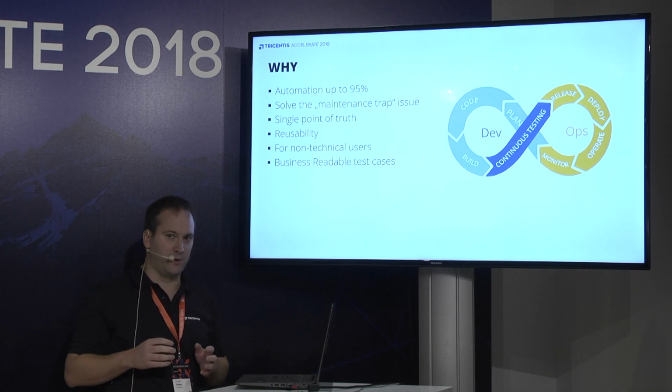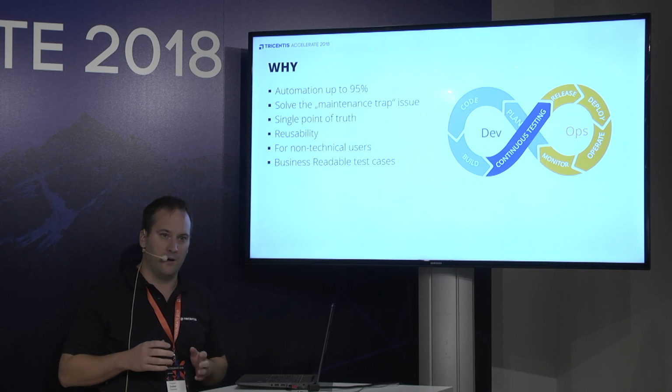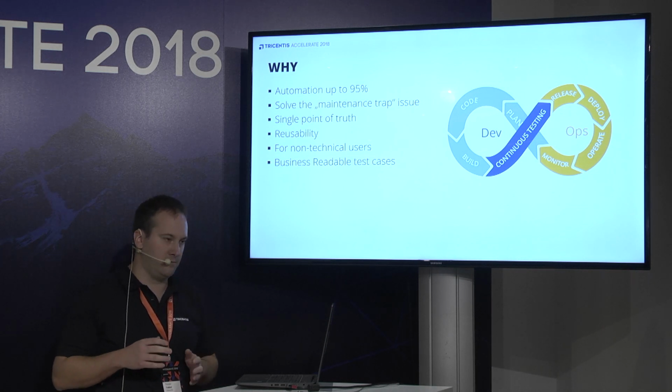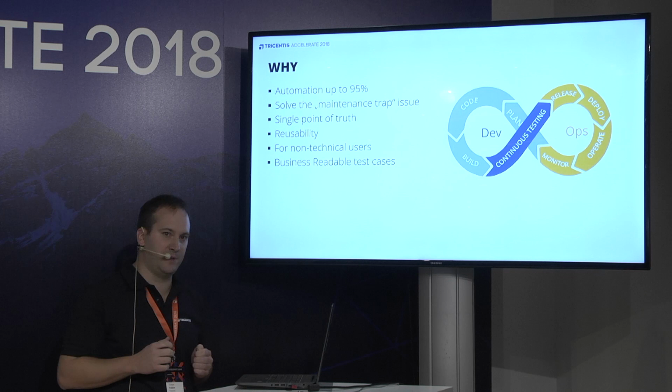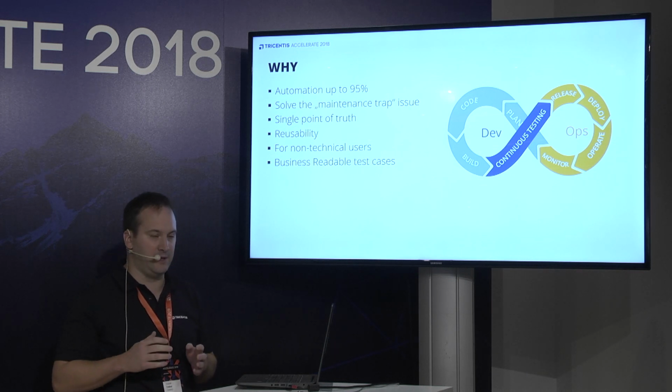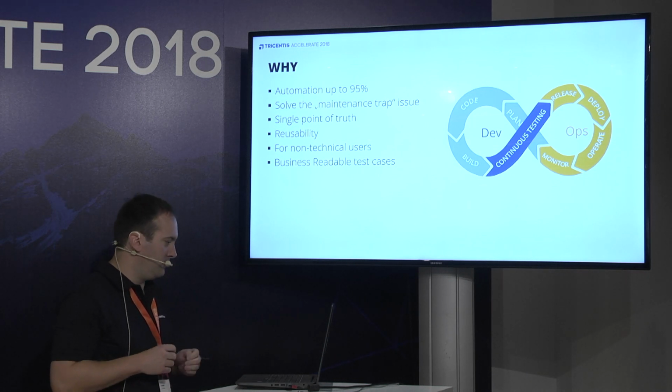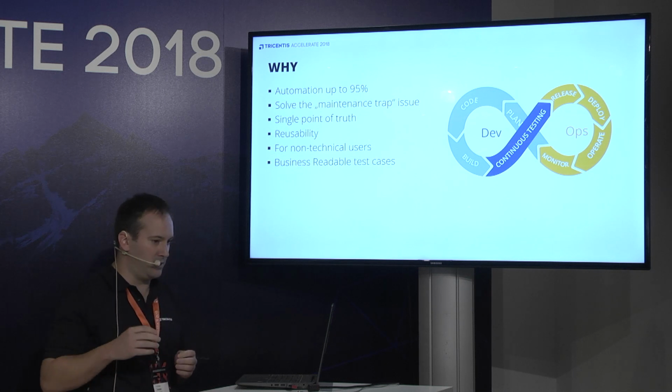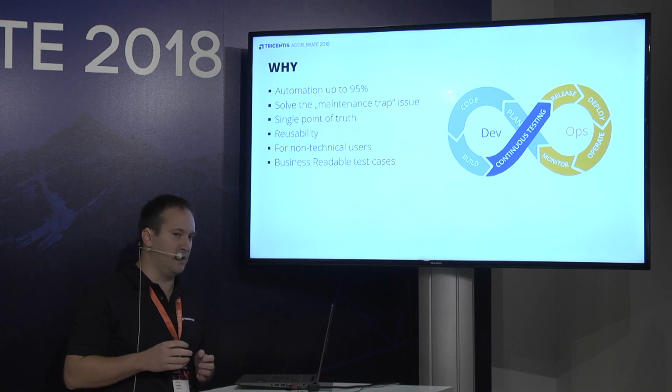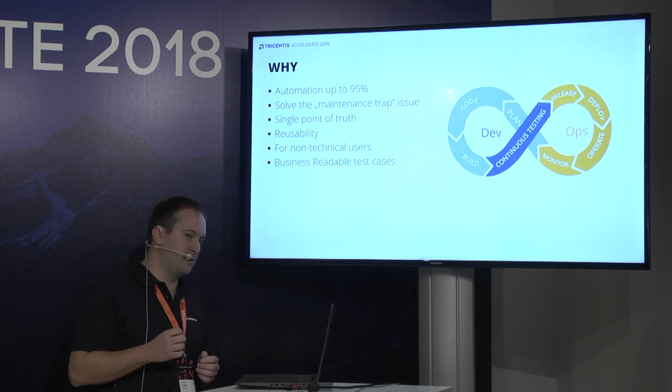Because with such an approach, with the MBTA approach, you can automate and reach very high automation rates, up to 95%, but on average we talk about 85%. So why can we achieve that? Because basically it solves the maintenance trap issue.